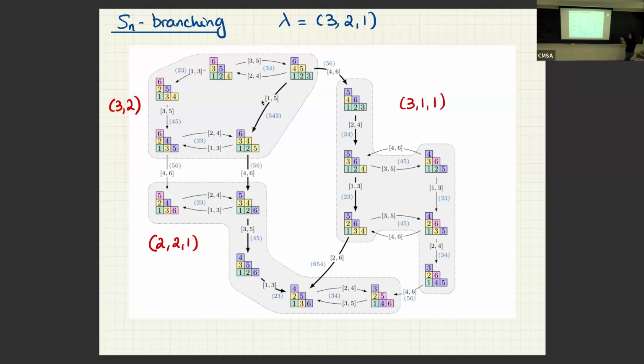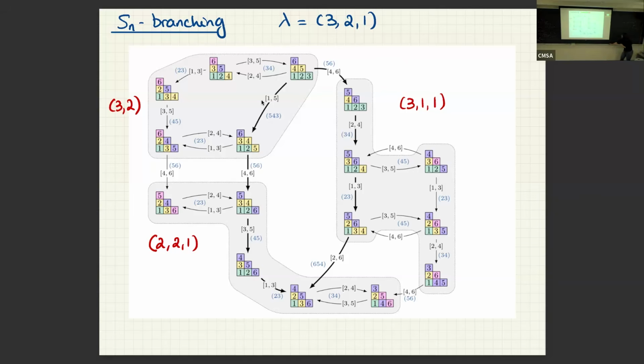This is just an example of 3 2 1, but it's true for every partition: if I delete all the edges that have n as a label, I'm going to get a set of connected components where each connected component corresponds to all the possible corners I can take off from the diagram of my partition.